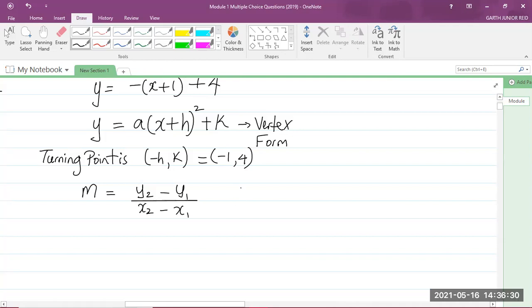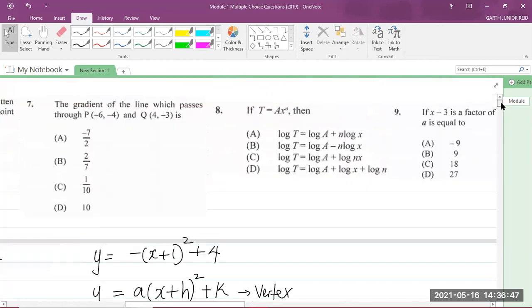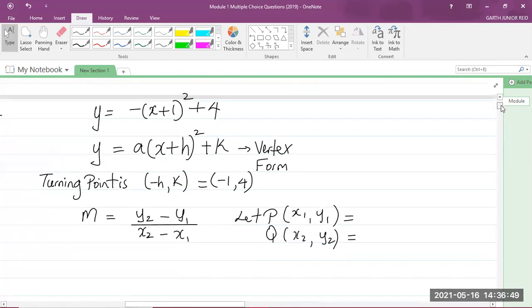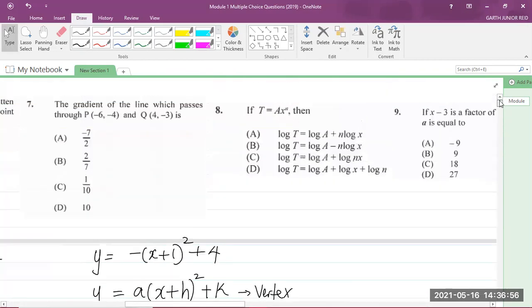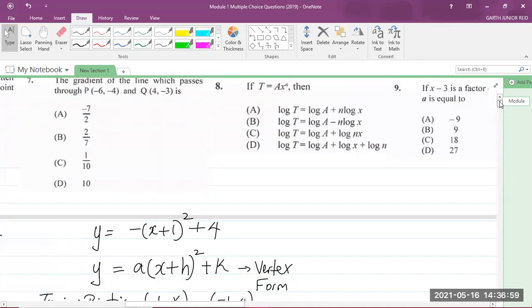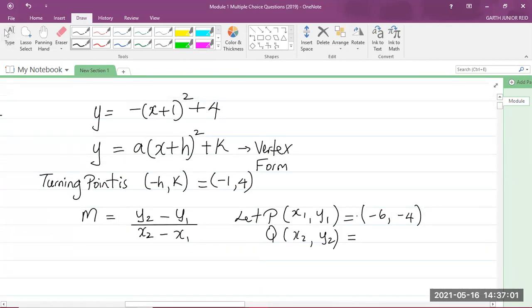So I'm going to let the point P be x1, y1, and Q be the point x2, y2. Let's look back at the coordinates. P is negative 6, comma negative 4, and Q is 4, negative 3.